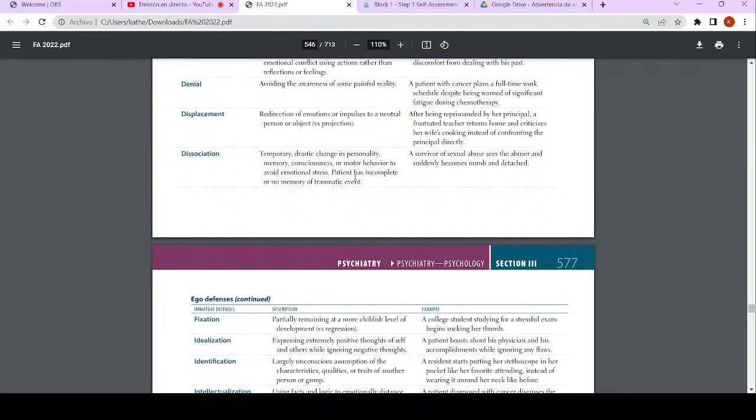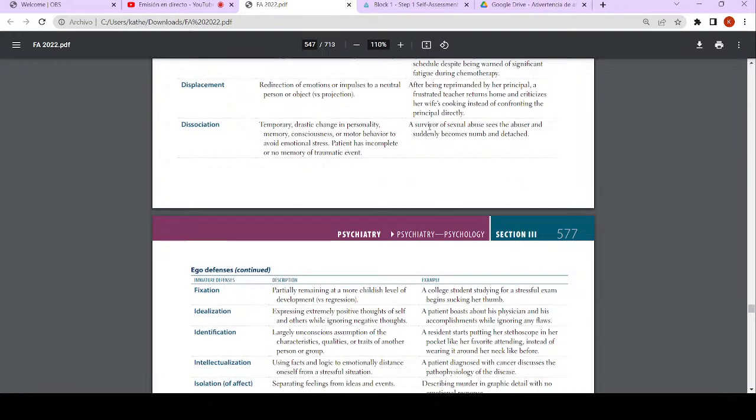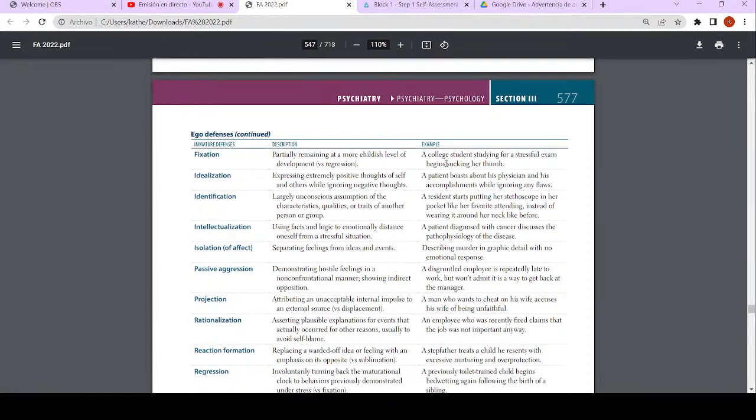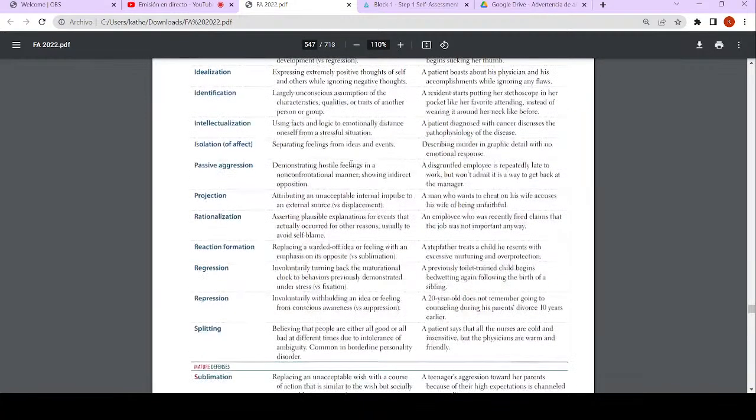Dissociation: this could happen when something traumatic happens, for example, a survivor of sexual abuse. Fixation: a college student studying for a stressful exam begins sucking her thumb. So something at a more childish level of development, versus regression.